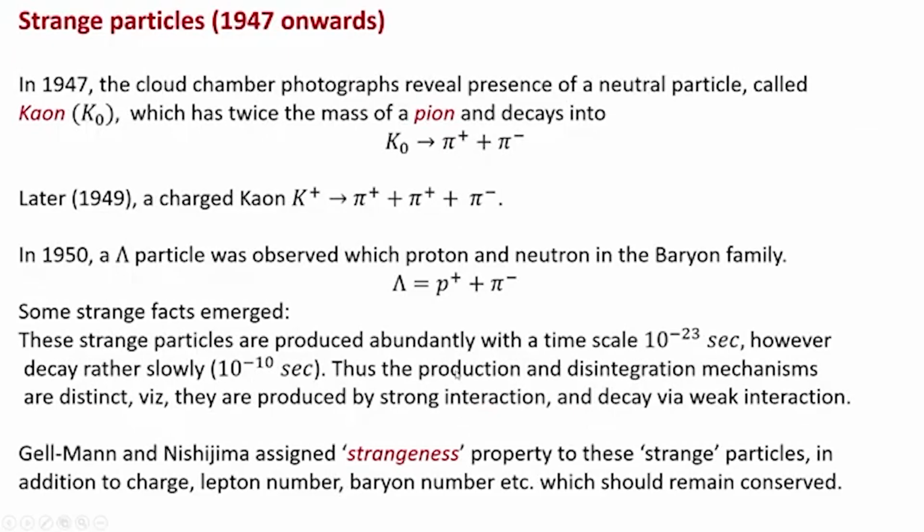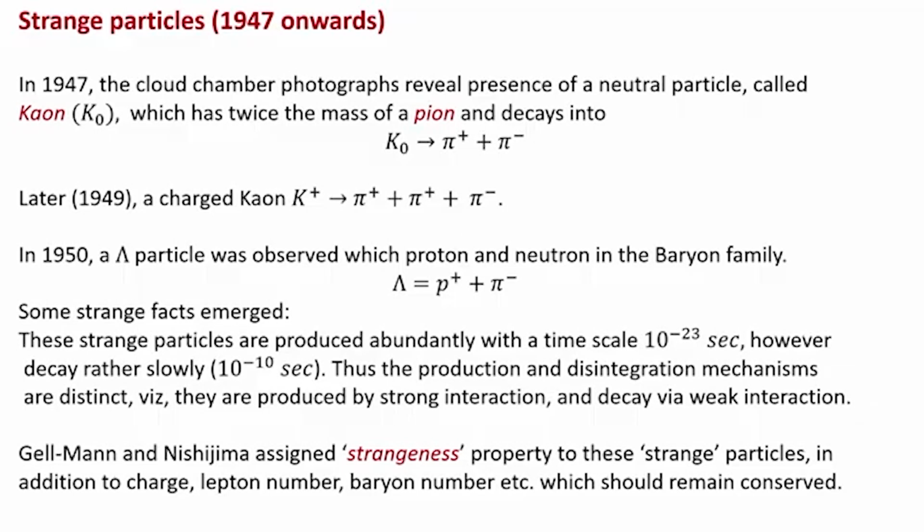Then there are strange particles that were discovered from 1947 onwards. By that time most of these things were understood, and people thought that the search for elementary particles was over, but it was far from over. They discovered the kaon, and this K0 is a neutral particle with a mass twice that of a pion, and you see the K0 disintegrates into pi plus and pi minus.